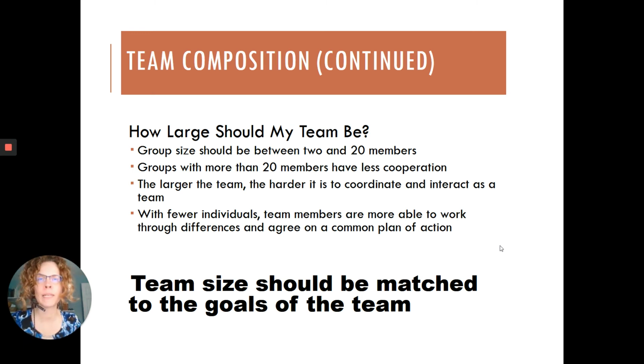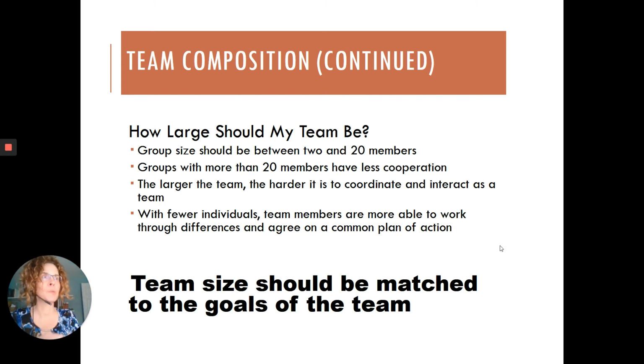You don't want one more because you're going to have slacking, social loafing. You don't want one less because you'll create unnecessary stress and make it more difficult for the team to actually be effective. So what decides how big the team should be? What the team has to do. It's that simple. The larger you get, especially if you go beyond what you actually need in order to do the job, the harder it is to coordinate, the harder it is for people to interact as a team.